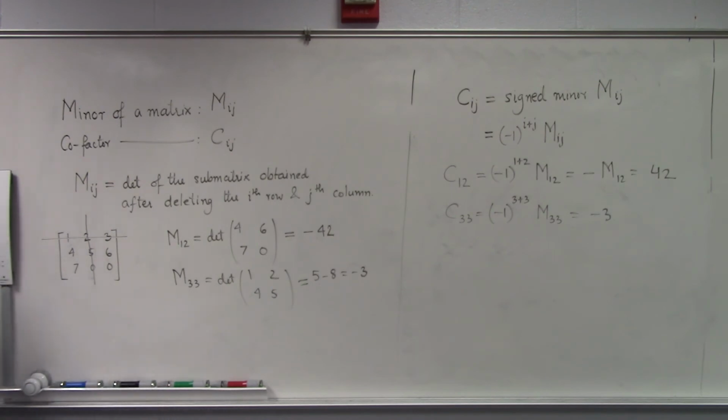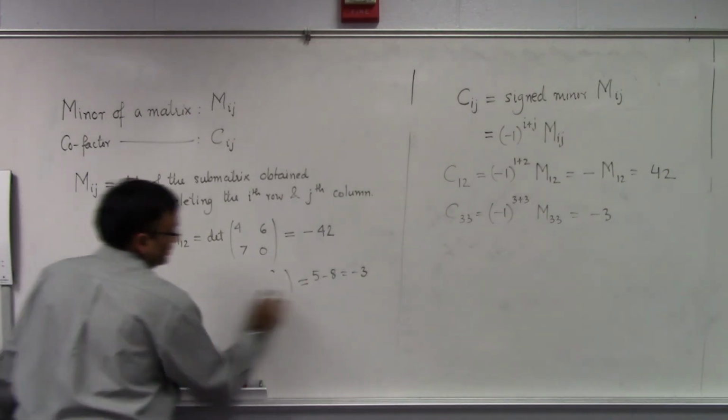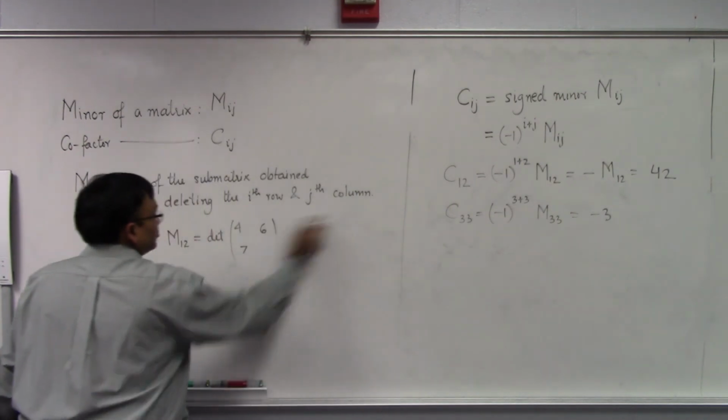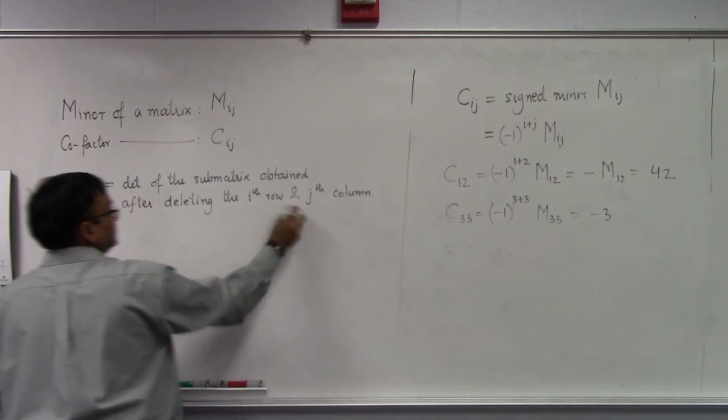His idea was a bit recursive: if you start with an n by n matrix, you can reduce the problem of computing the determinant of an n by n matrix to that of computing the determinant of an n minus 1 by n minus 1 matrix, and you keep doing it iteratively until you are in a place where you can do things nicely. So this is Laplace's idea, and I'll show you how to use it.